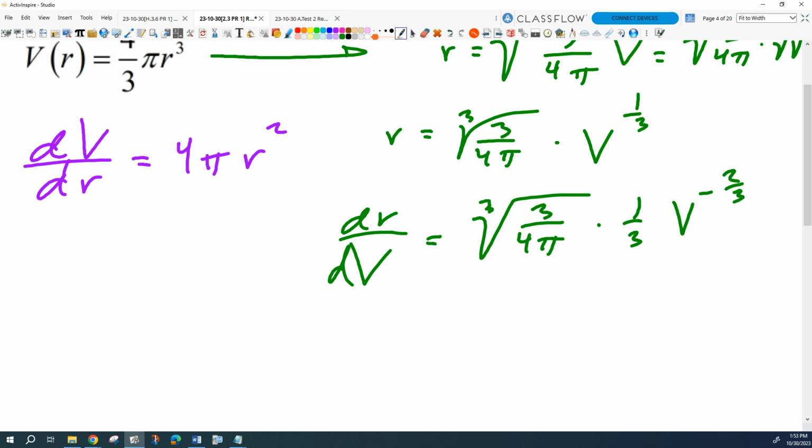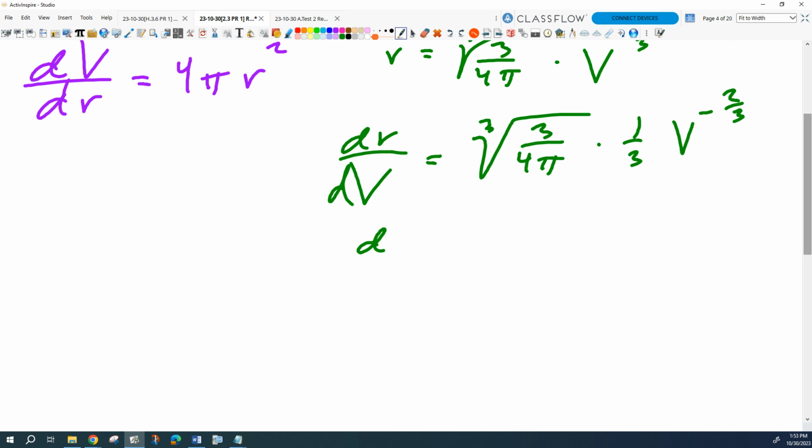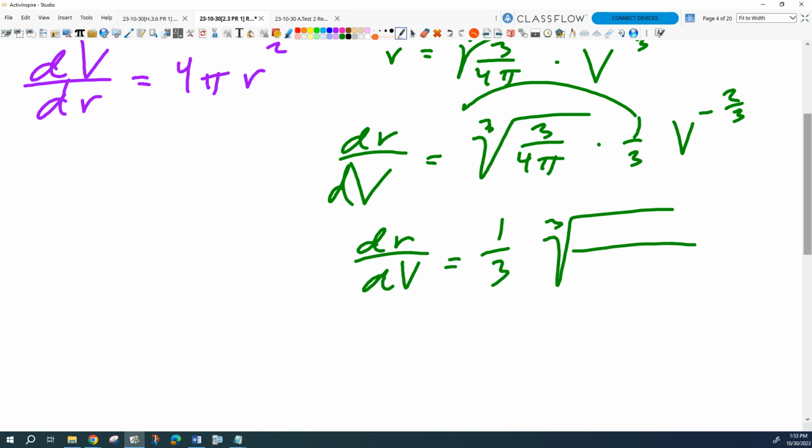Well, that's the same thing as saying the cube root of V on the bottom, right? So then we could make this whole thing equal to, I'll pull the 1/3 out front because that's not in the radical. And then inside the radical, on the top, we've got a 3. On the bottom, we've got a 4 pi times a V squared, right? Because the cube root of 1 over V squared is the same as V to the negative 2/3. Okay, so there's my dr/dV.